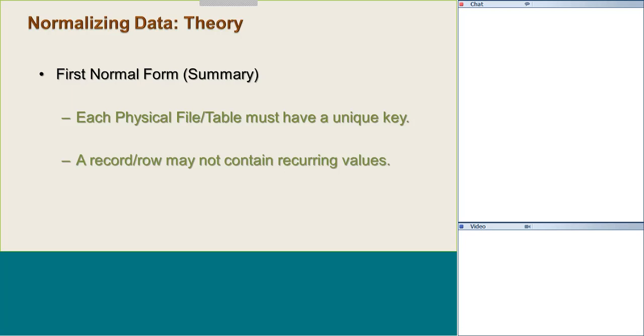That key does not necessarily have to be a single element. It can be made up of more than one. A composite key is what we call that, where a key itself that identifies the uniqueness of the record is made up of multiple fields, a composite key or a single field key.